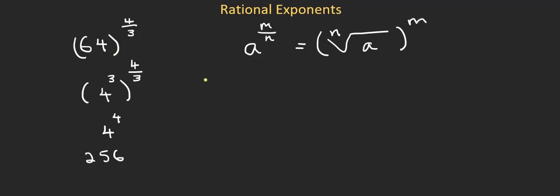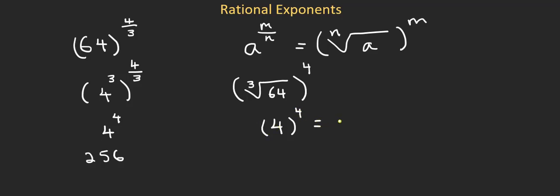So using that property, we could rewrite this as the cube root of 64, quantity to the fourth power. Now, what is the cube root of 64? It's going to be 4. So you raise 4 to the fourth power, you get 256. So you get the same result.